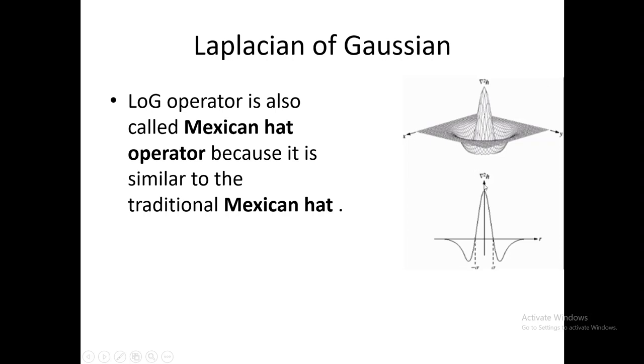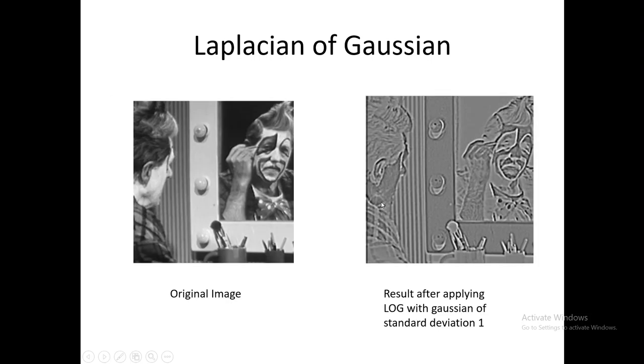This is our Mexican hat operator, and when we apply it to the original image with the Laplacian of Gaussian, with a standard deviation of 1, we get this image as the result.